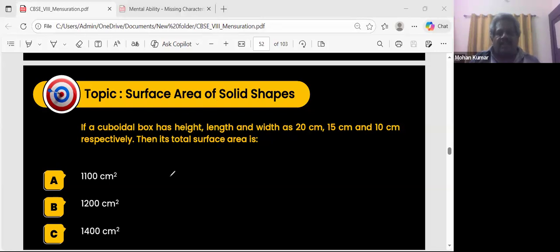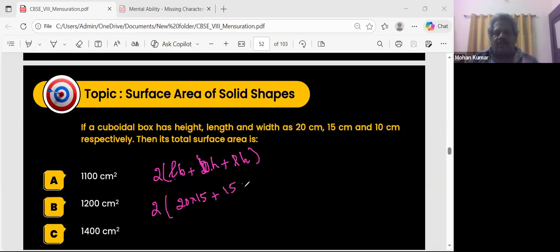Now we have 2 bracket LB plus BH plus LH. It's a shortcut. As he said, 2 into 20 into 15, that is why he said the answer. Very good. 10 plus 20 into 10.